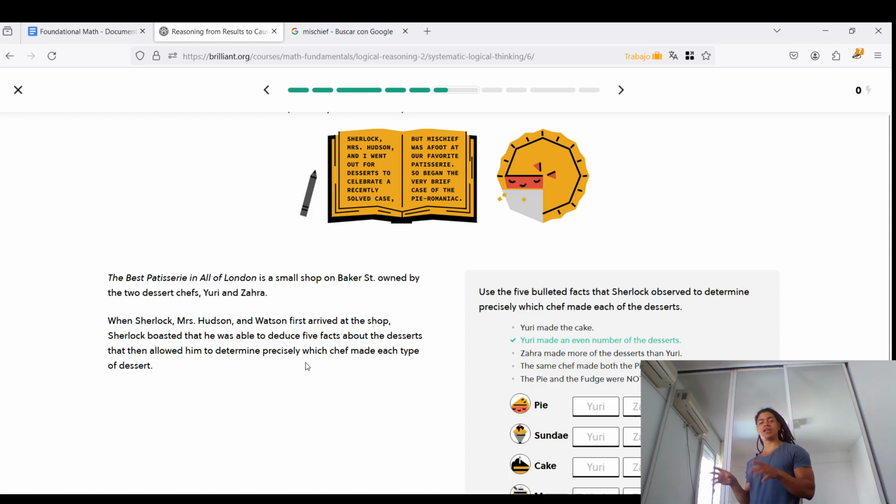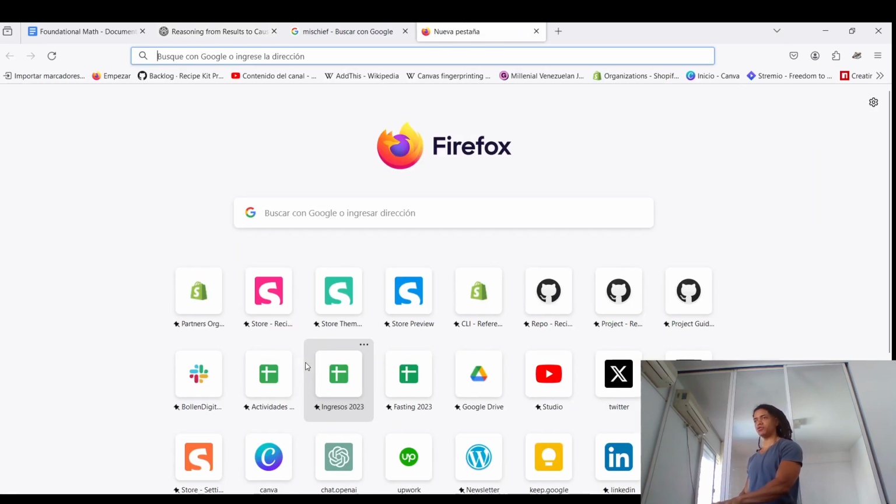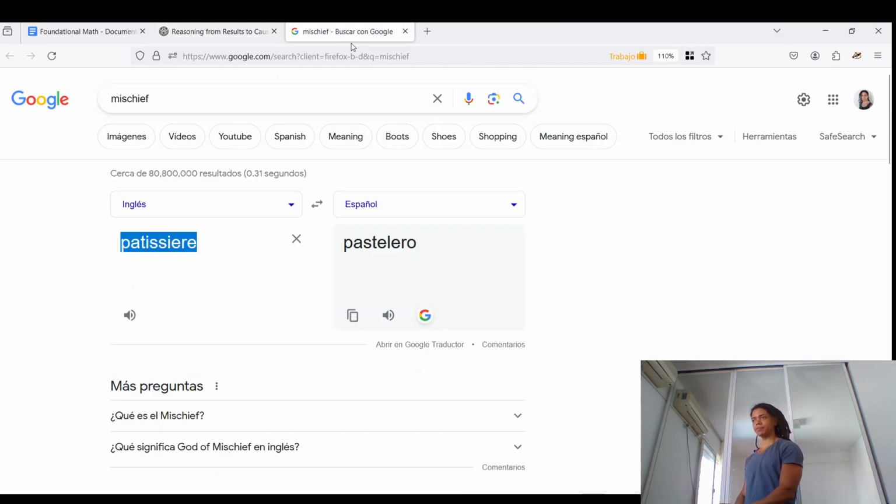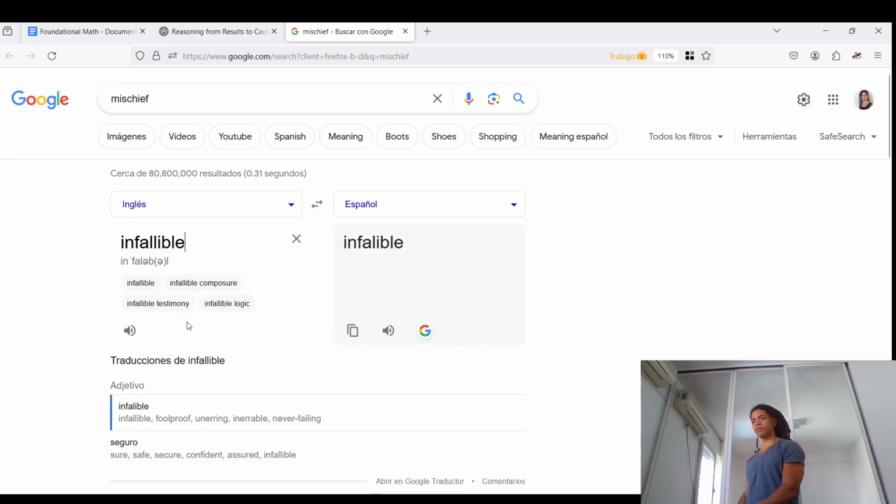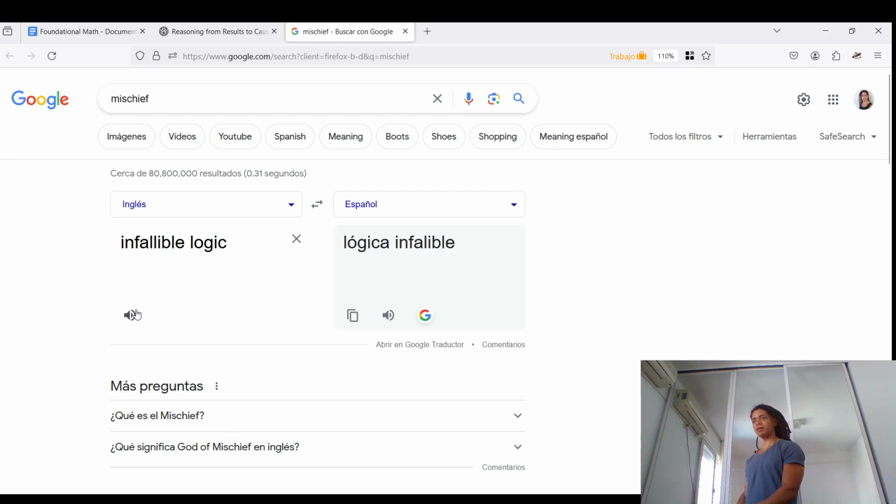So we're assuming here that Sherlock is infallible. How do you say that? Infallible logic. Exactly.